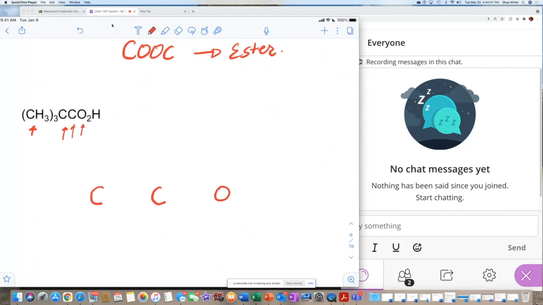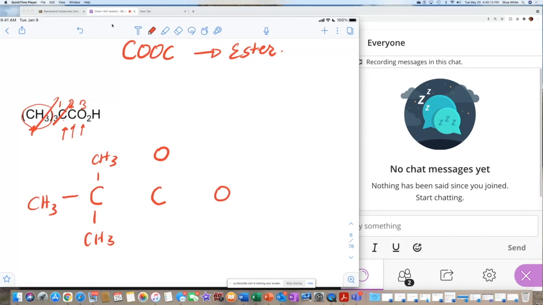One of the oxygens has to be above the carbon right here. So let me start with my first carbon. This is my first carbon, my second carbon, then one of my oxygens will be the 3rd element in the center, right? So my first carbon has got 3 of these CH3 groups attached to it. So CH3, CH3, CH3, there. So this part here is done.